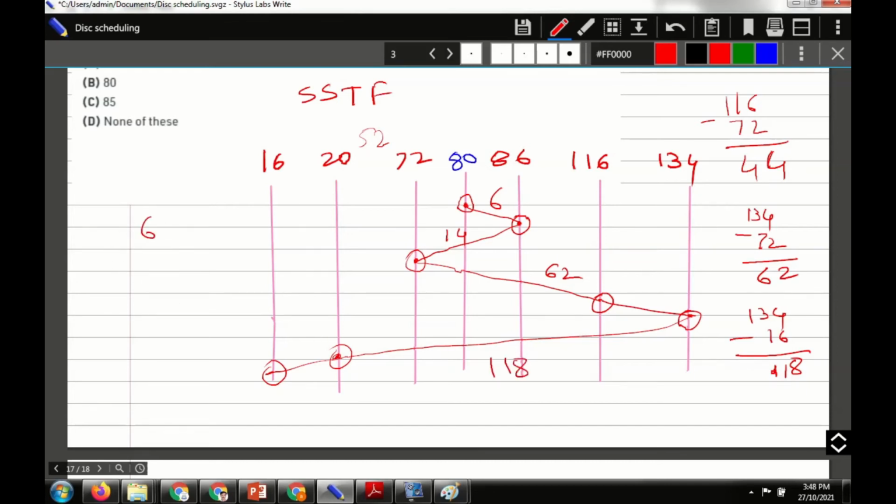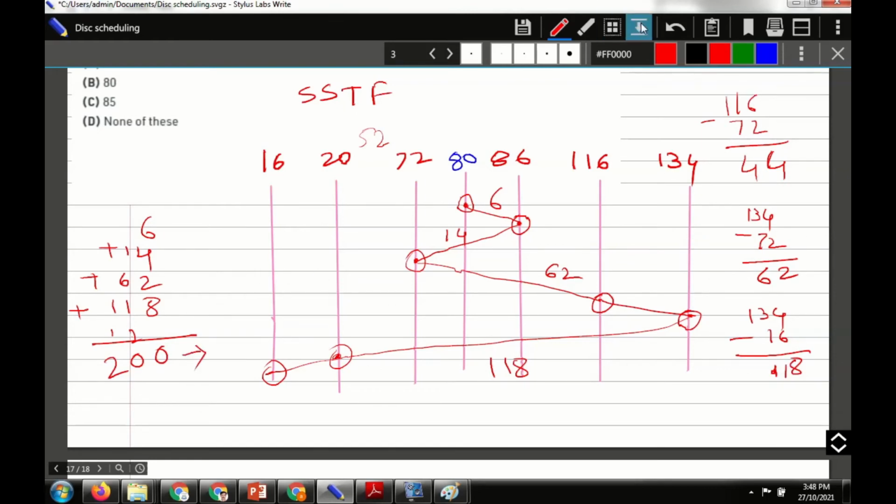So the total distance is 6 plus 14 plus 62 plus 118, which is 200. So the total movement is 200 cylinders.